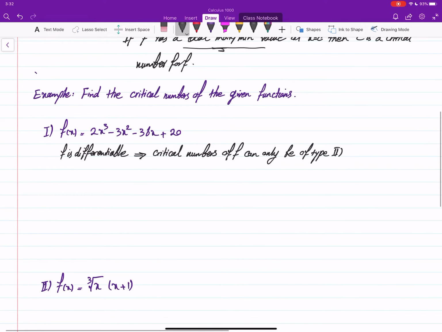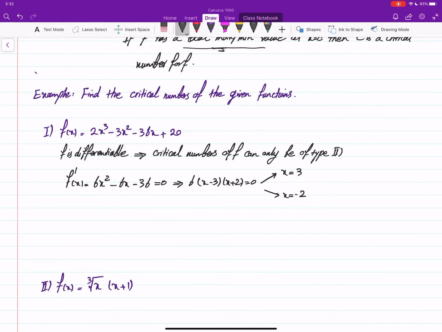And to find them, we need to find the derivative of the function, which is 6x squared minus 6x minus 36, and set it equal to 0. This gives us 6(x minus 3)(x plus 2) equals 0. And from there, we have either x is equal to 3 or x is equal to negative 2.